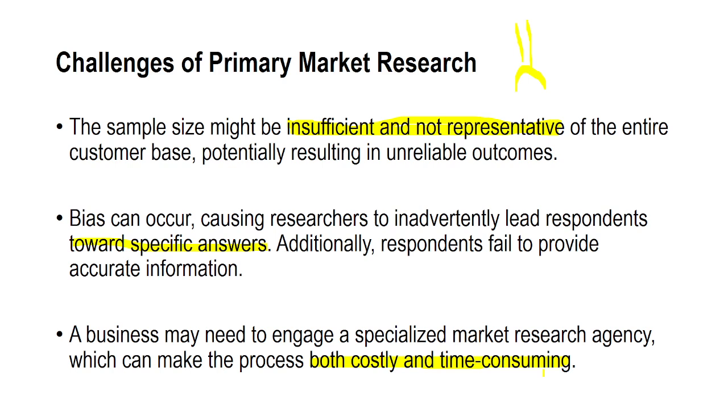Second, it can lead respondents toward specific answers, and the results will not be reliable. And finally, it is costly and time consuming, or in fact it is expensive in terms of cost and time.